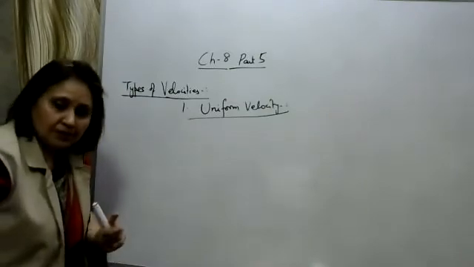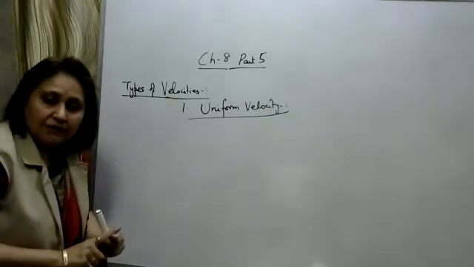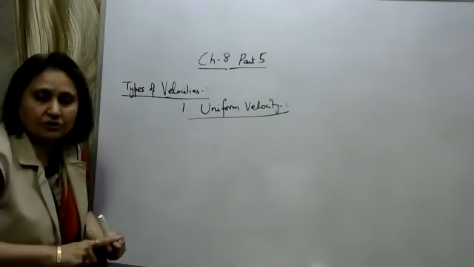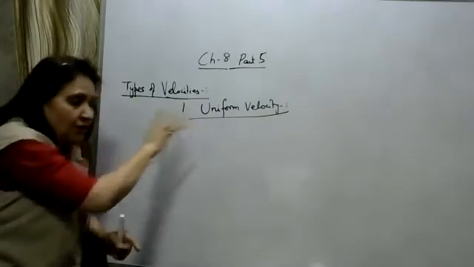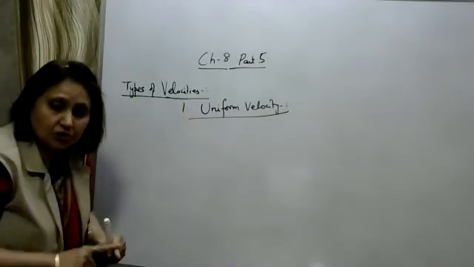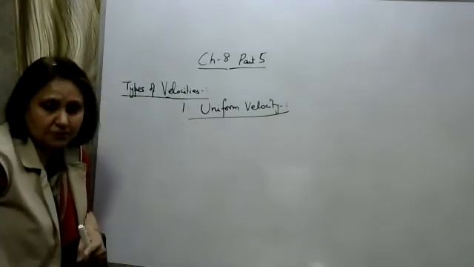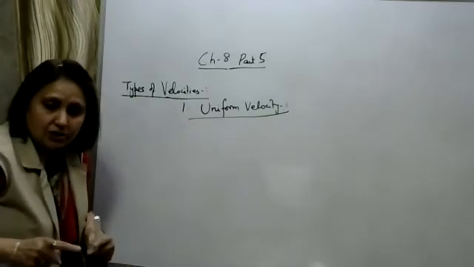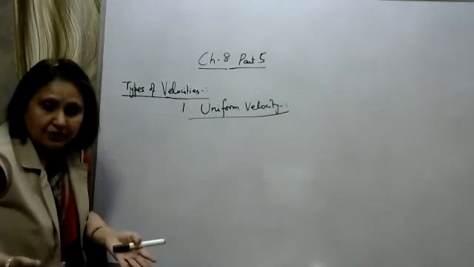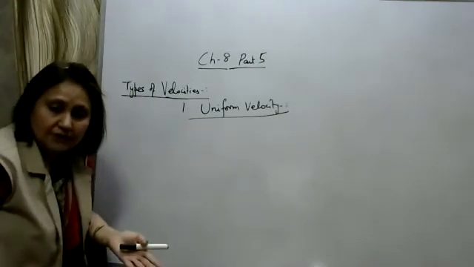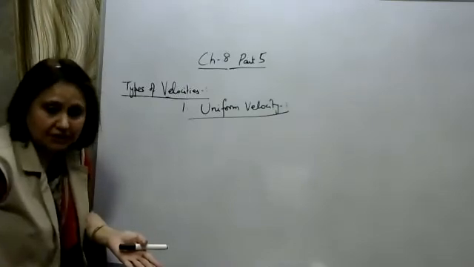Okay, understood? So once again, I'll explain. Velocity is speed with direction. Now constant velocity, which we call uniform velocity, is only possible when the speed is constant and the direction is the same. Constant speed, or uniform speed, means the body covers equal distances in equal intervals of time.